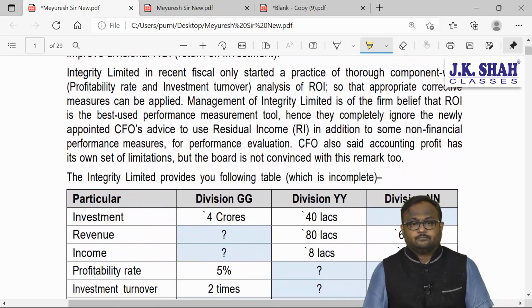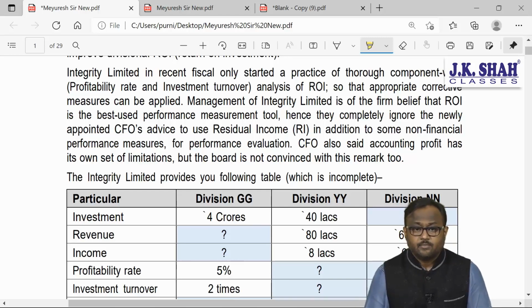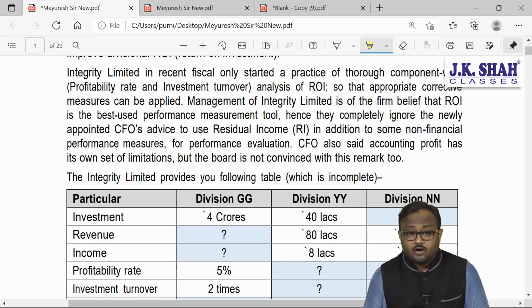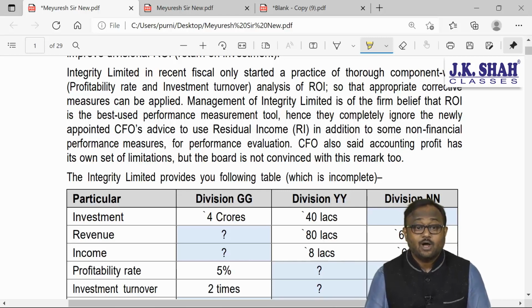Integrity Limited, in the recent fiscal only, started a practice of thorough component-wise analysis of ROI, so that appropriate corrective measures can be applied. Management of Integrity Limited is of the firm belief that ROI is the best performance measurement tool.